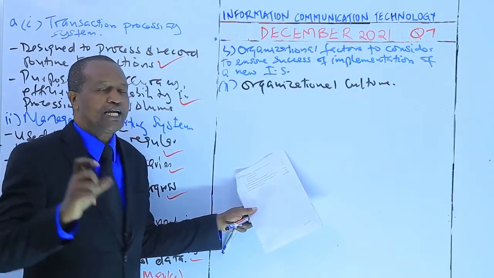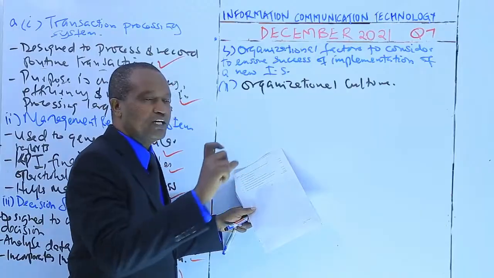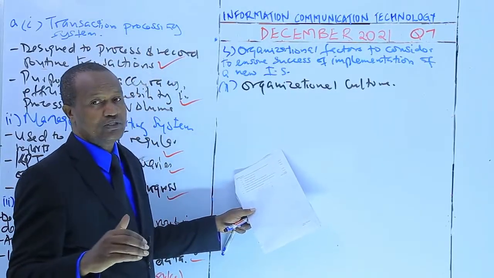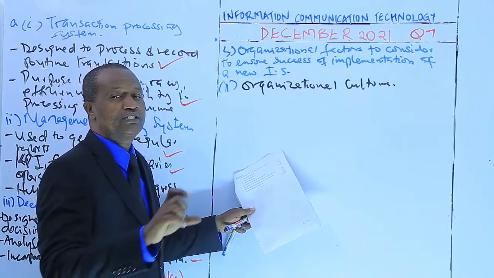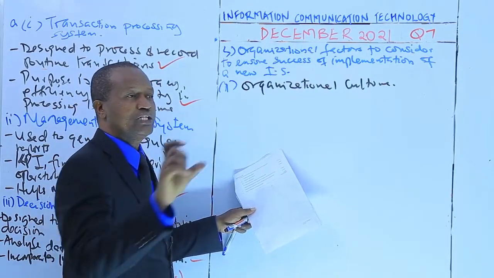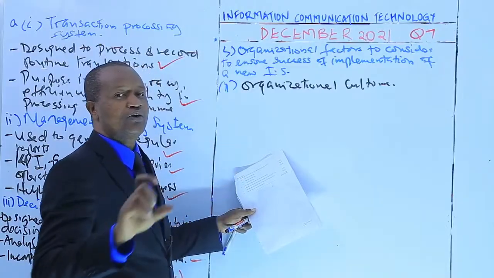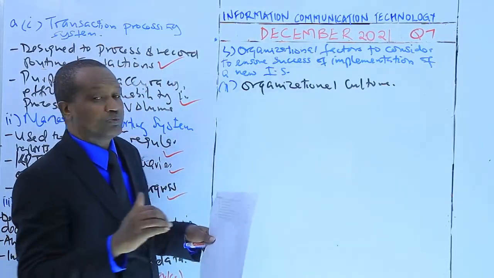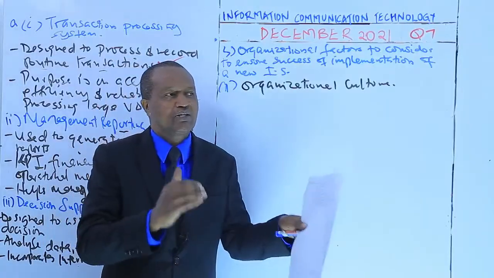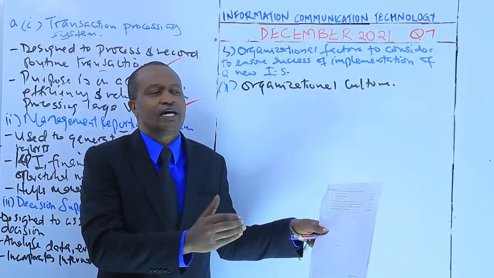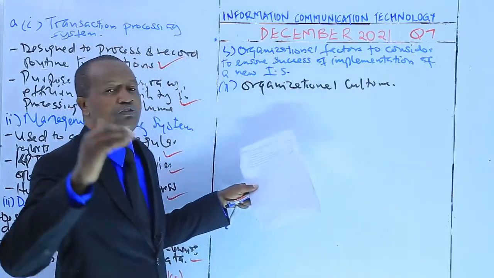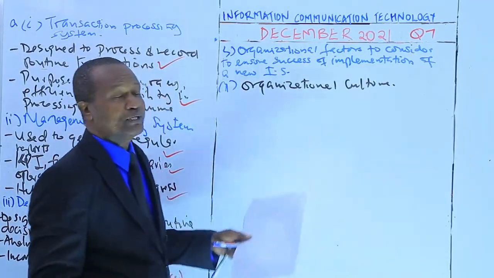The system should align with the values, the norms, and also the practices of the organization. And if there is a resistance to change or lack of support from employees, then it can hinder the implementation process. So assessing the organization's culture and addressing any cultural barriers is crucial for successful implementation.